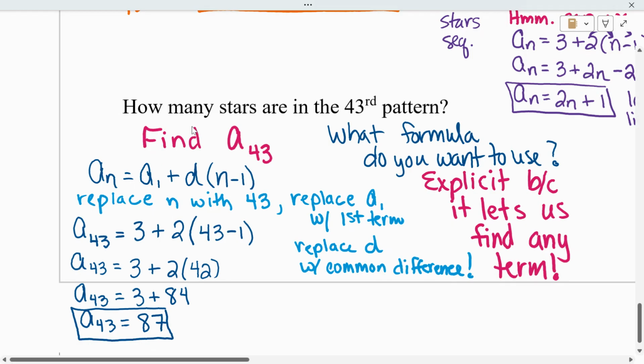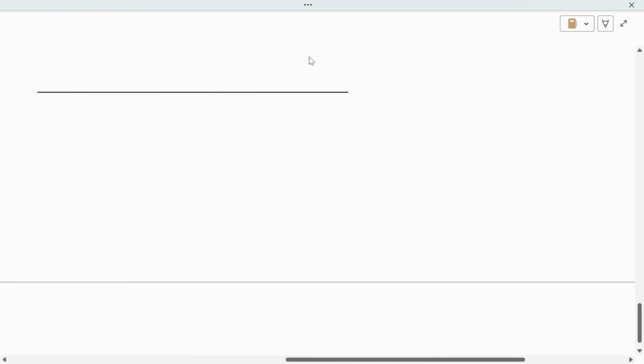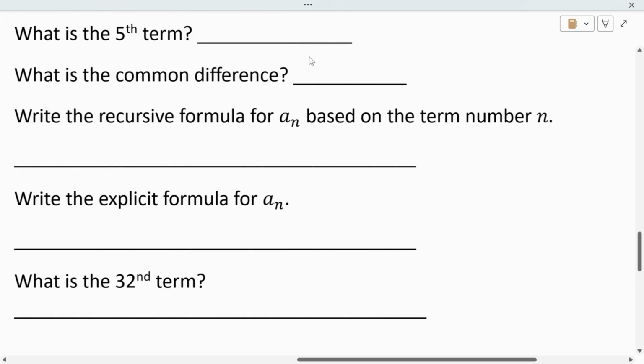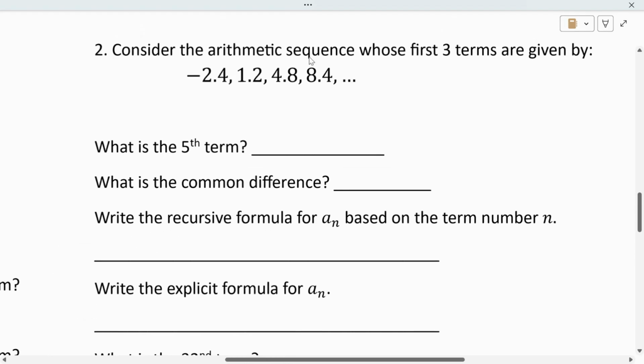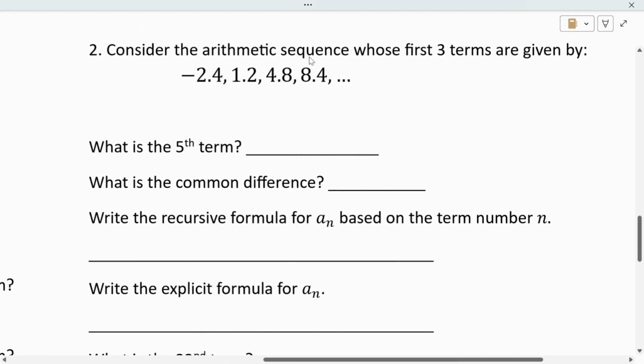All righty. So we have 2 more examples to do. All right, so I have an arithmetic sequence shown right here.